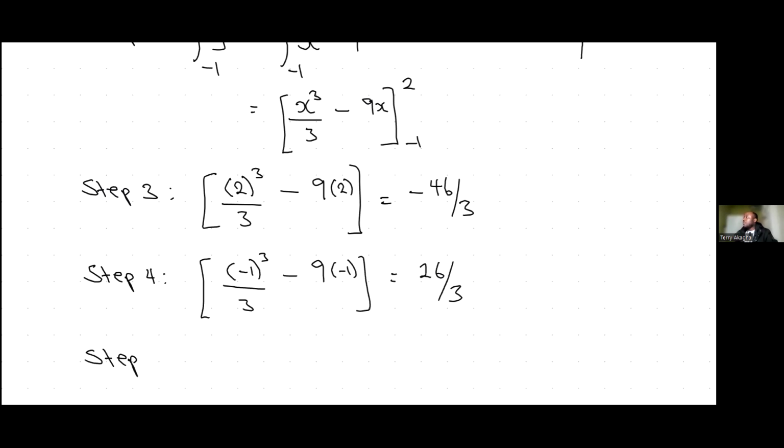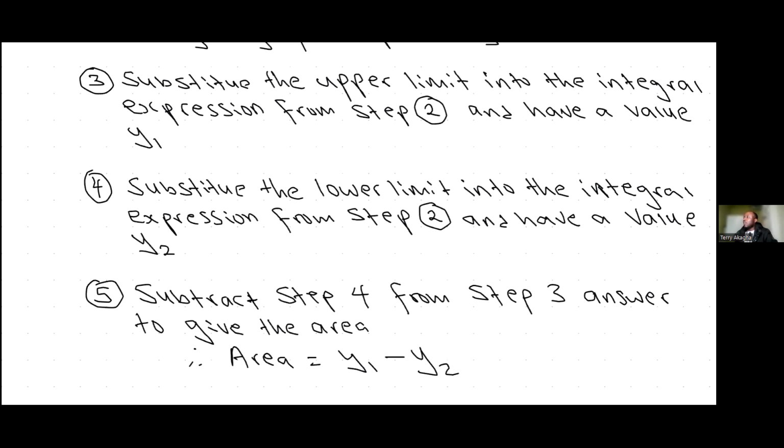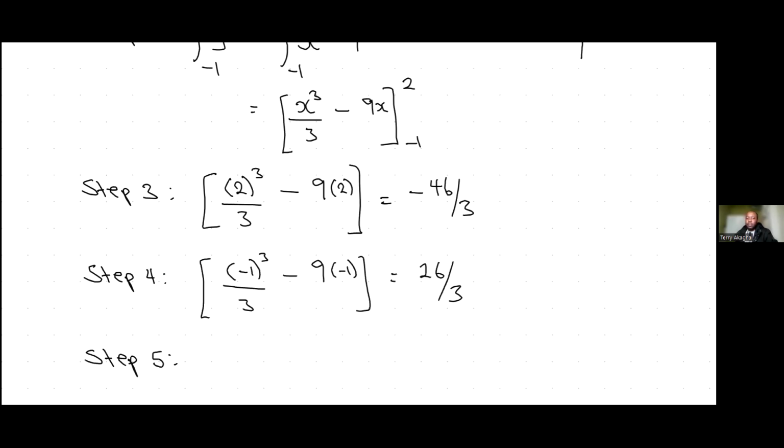Now step 5: the area is the answer from step 3 minus the answer from step 4, so y1 minus y2. The answer from step 3 was y1, and the answer from step 4 was y2. So it's going to give us minus 46 divided by 3 minus 26 over 3.